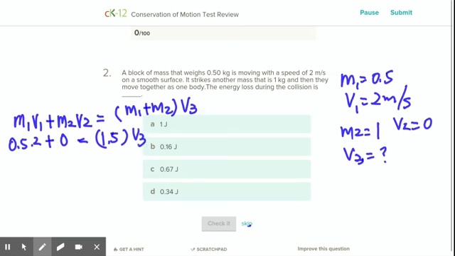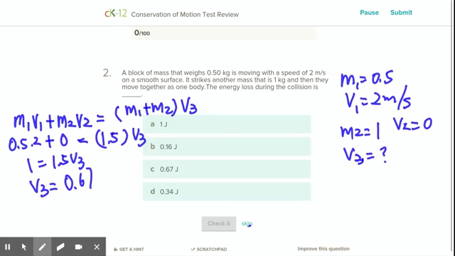All right. So that gives you 1 equal 1.5 V3. So V3 is 1 divided by 1.5. 1 divided by 1.5 is equal to 0.67.